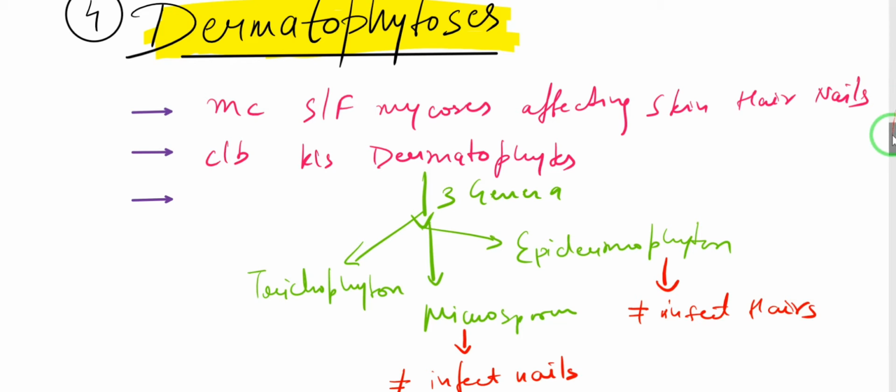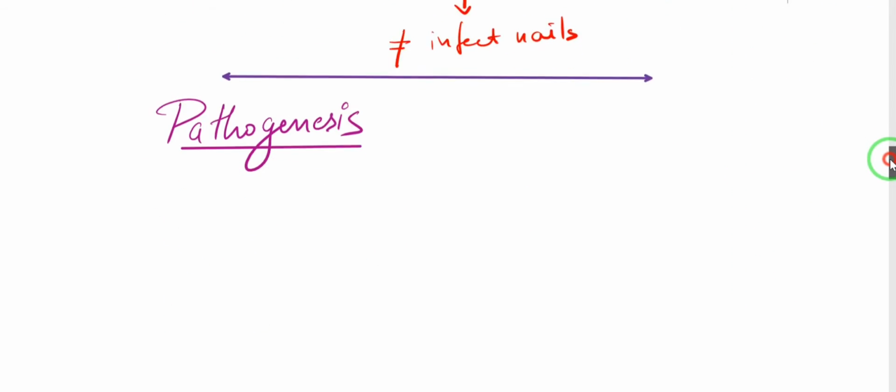Now let's see a little bit about the pathogenesis of dermatophytes. This infection, dermatophytosis, is basically contracted from direct contact.